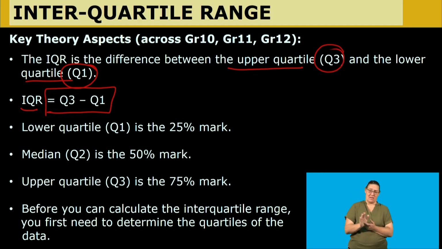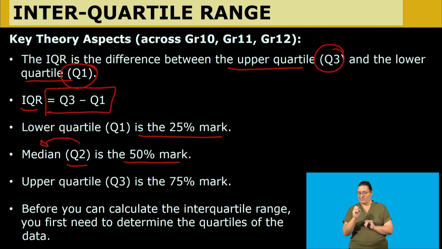The lower quartile, which is the Q1, is the 25% mark of your data set. Whereas quartile 2 is also known as the median. That is your 50% mark of your data set.